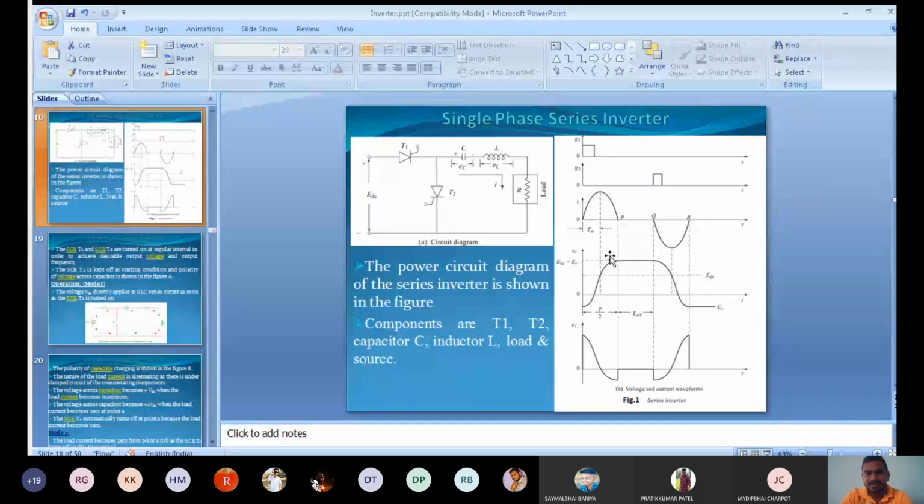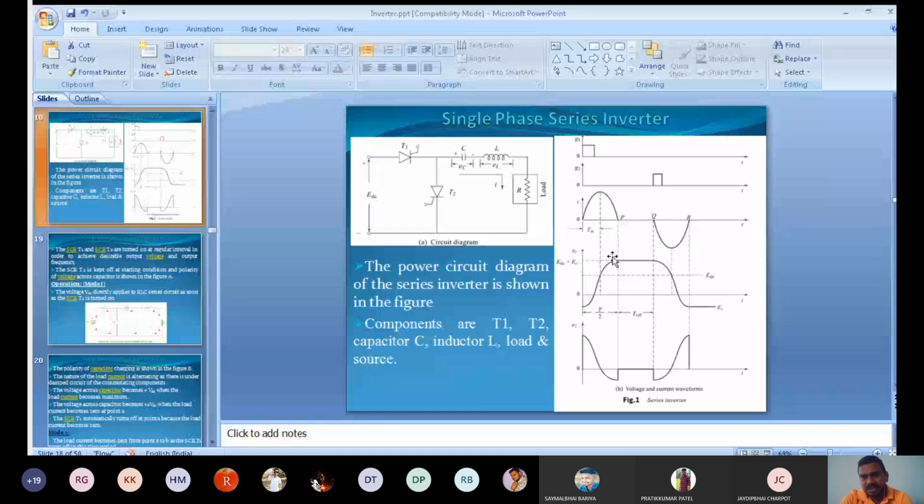When the current becomes 0, the charging voltage becomes equal to EDC plus EC, where EC is the initial charge across the capacitor.